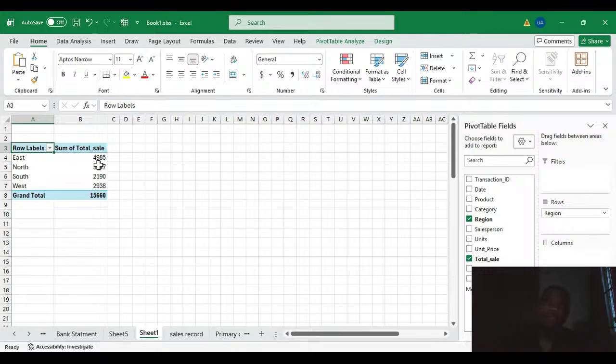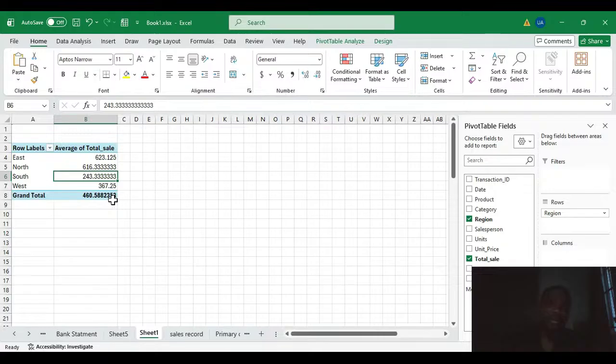So to get the average sales, you are going to right click here, and in this summation, you are going to pick average here. So you would see that on average, the east region has more sales than the northern region.